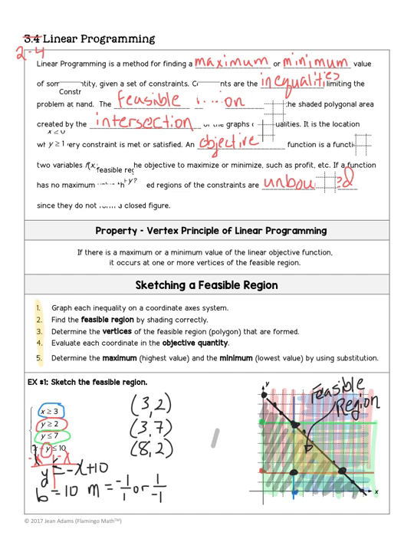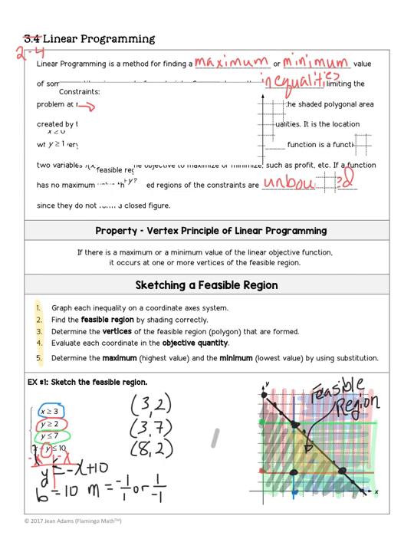So for my first line, this one right here, I've got to solve it for y. So the first thing I'm going to do is subtract x from each side. So I have 2y less than or equal to negative x plus 9.